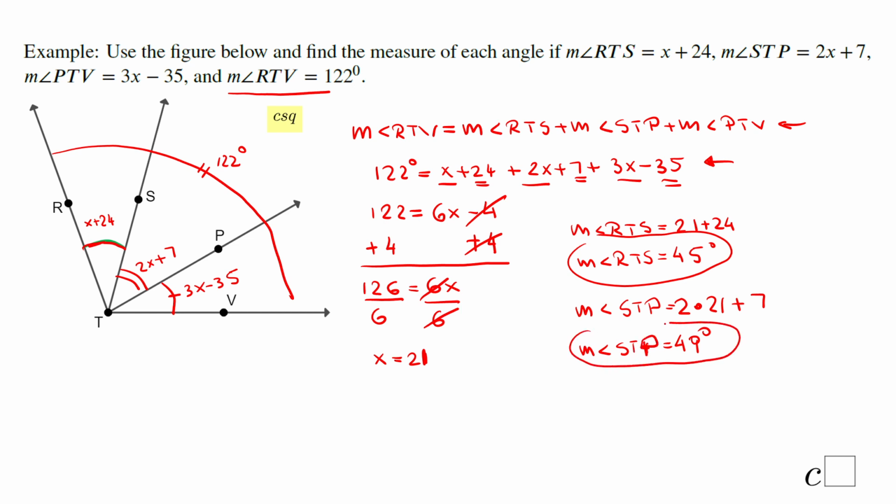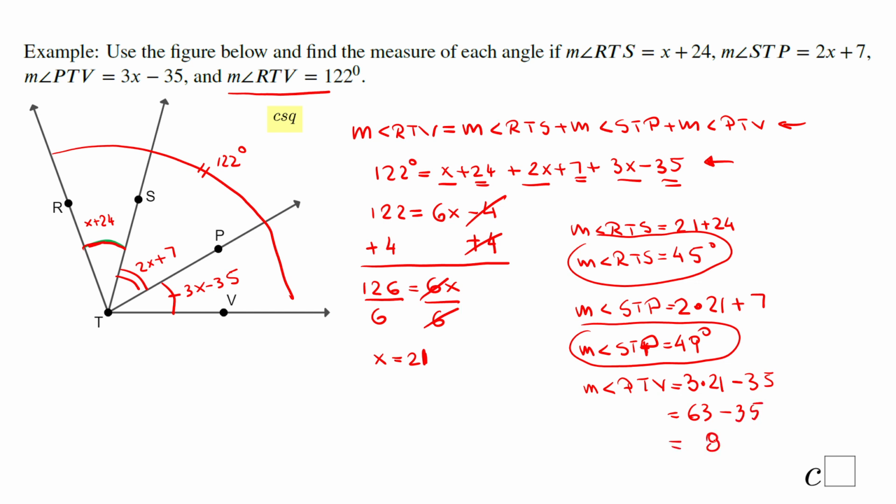Okay, we have one more angle to find out. The measure of angle PTV. And that will be 3x, so 3 times 21 minus 35. So that will be 63 minus 35. That will be what?